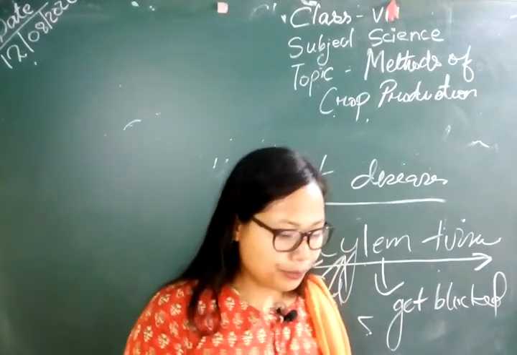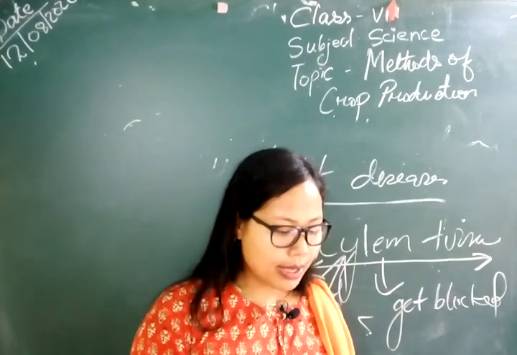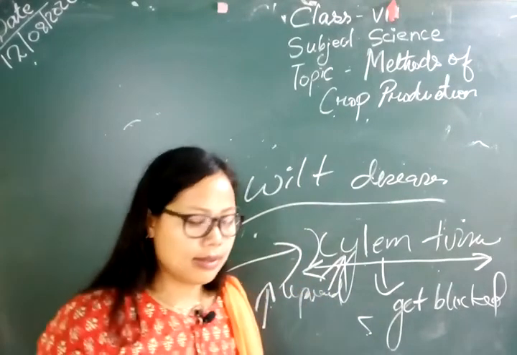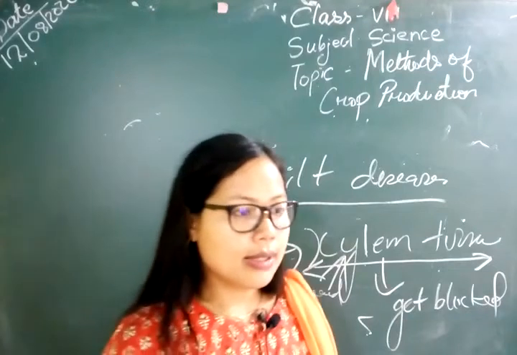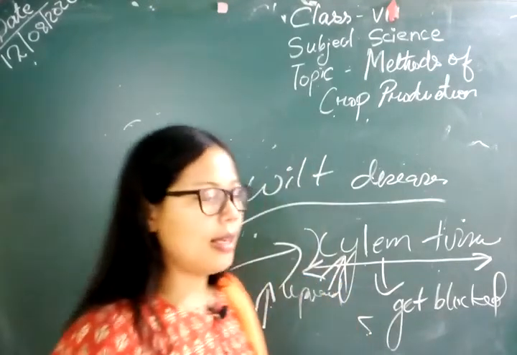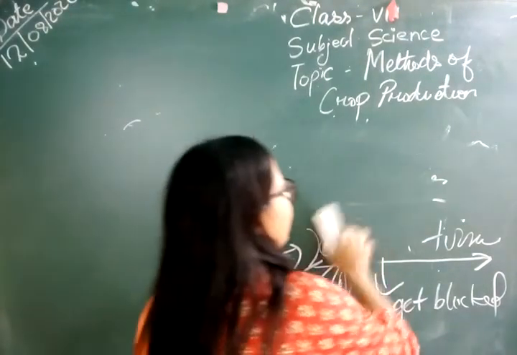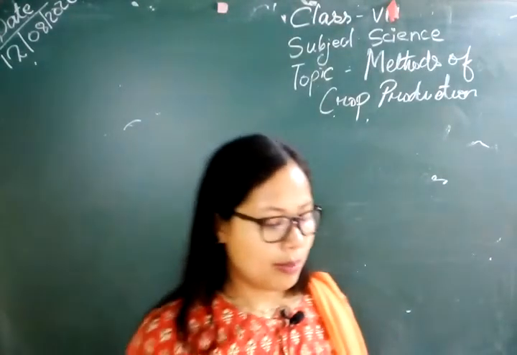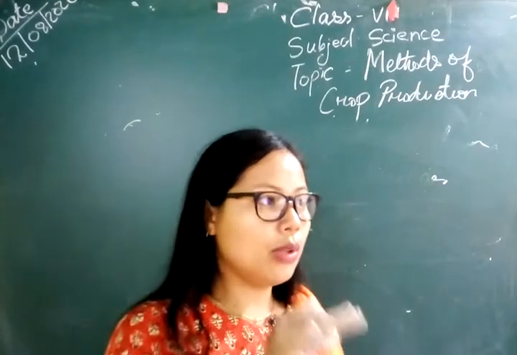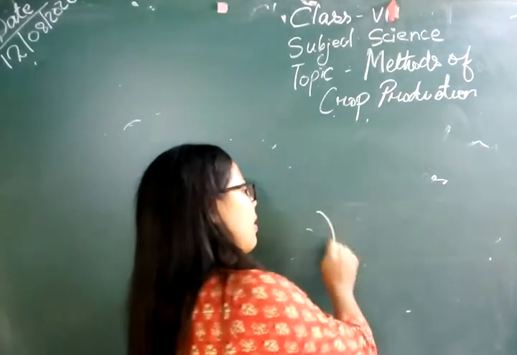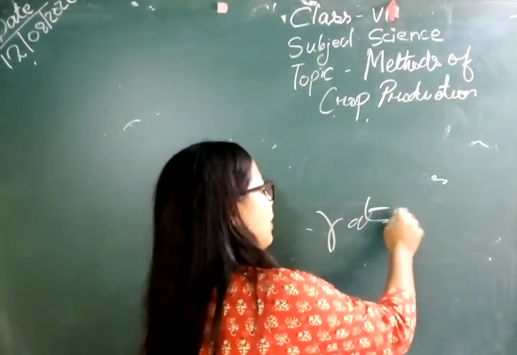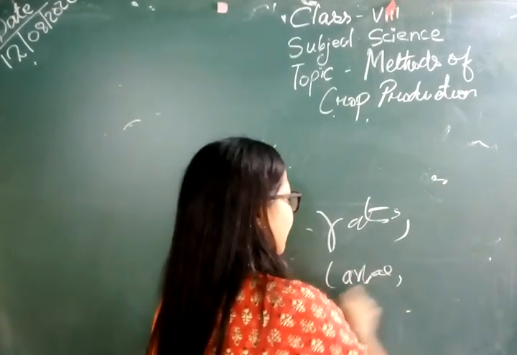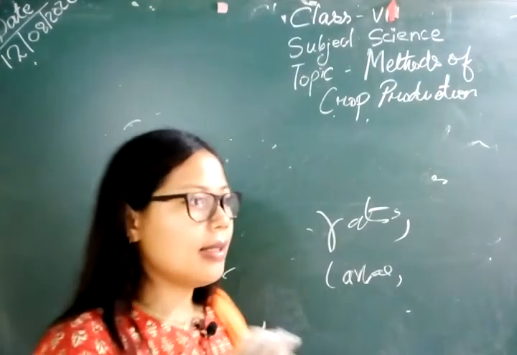Alright. So what are the disadvantages of pesticides? Basically they target particular insects or certain organisms to save the crops. But only such pests don't visit the crop.